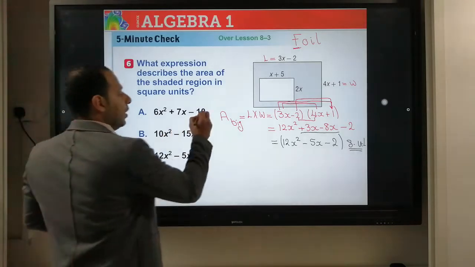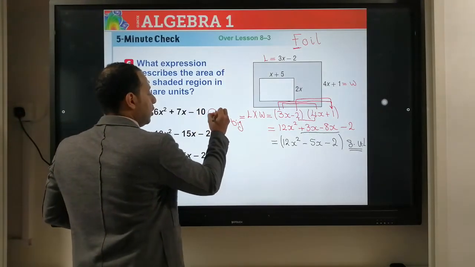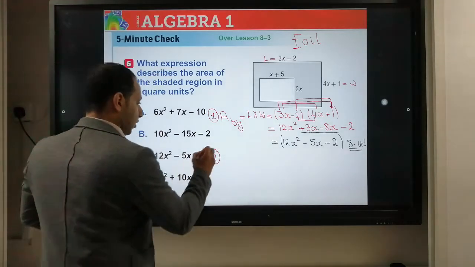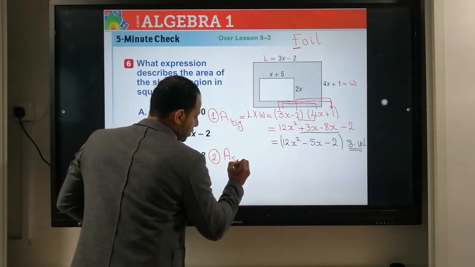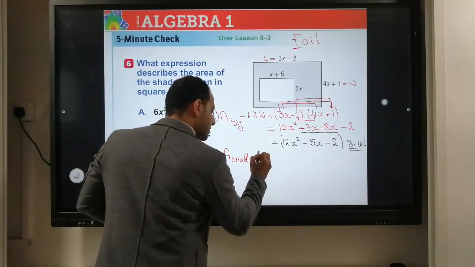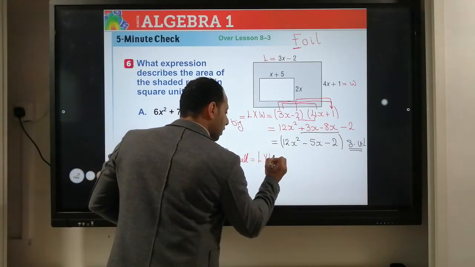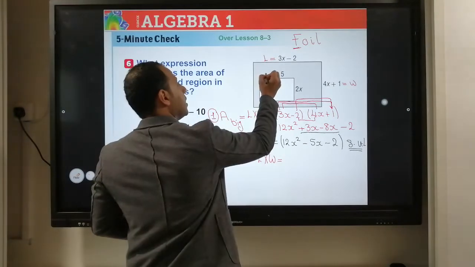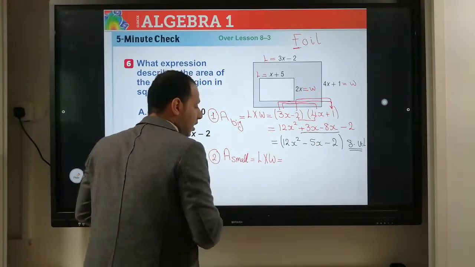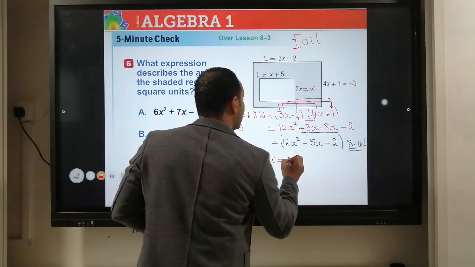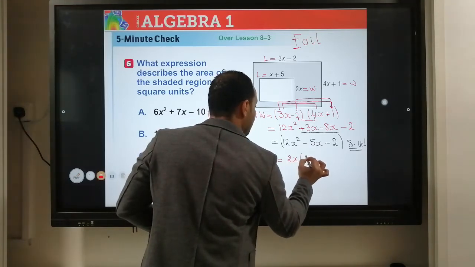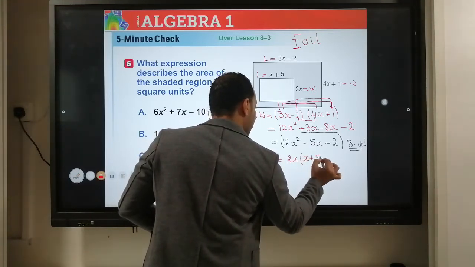So I'm going to the second part of our problem. Number 2, area of the small. Area small means length multiplied by width. This is my length and this is my width. So you have here 2x multiplied by x plus 5.